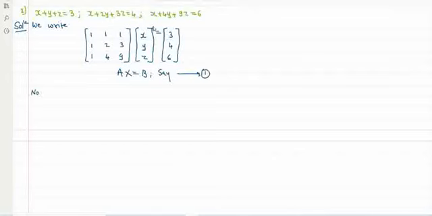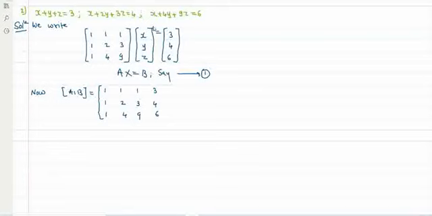Now, the augmented matrix AB is obtained by attaching one more column to that matrix. So the coefficient matrix is 1, 1, 1, 1, 2, 3, 1, 4, 9, and one more column you have to attach, that is 3, 4, and 6.